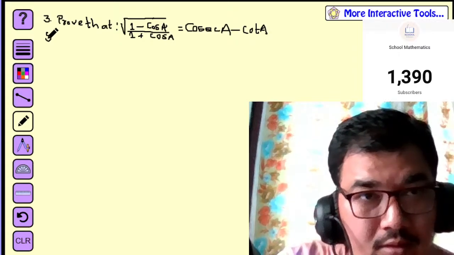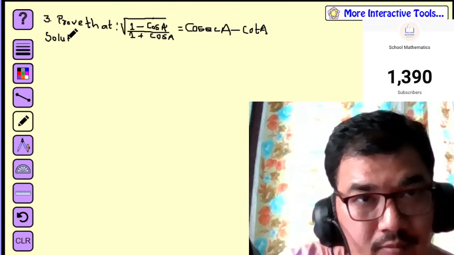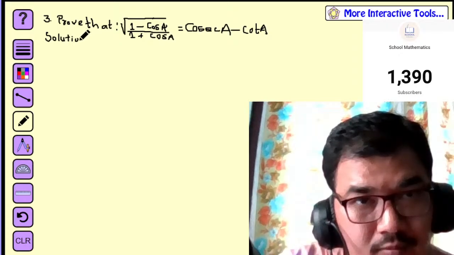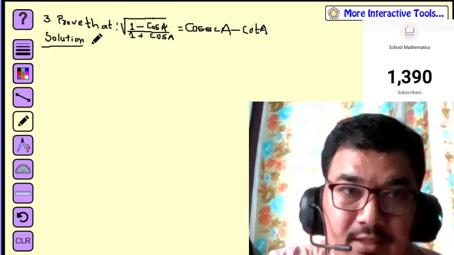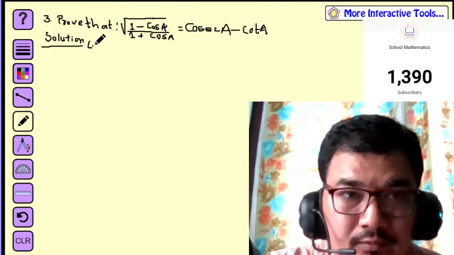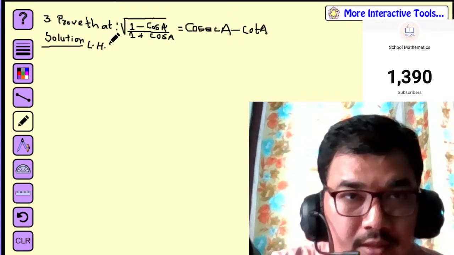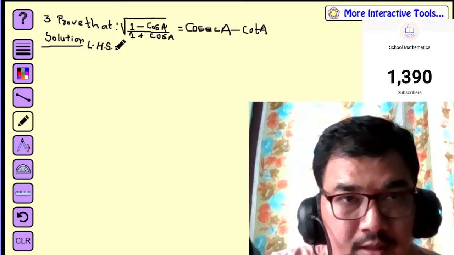Write the solution. Write left hand side, because we are solving the left hand side and we will get the right hand side.